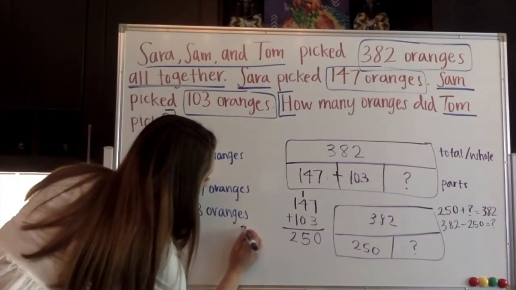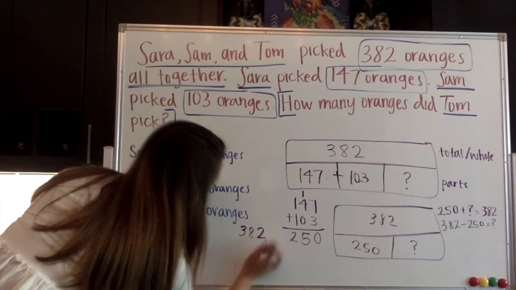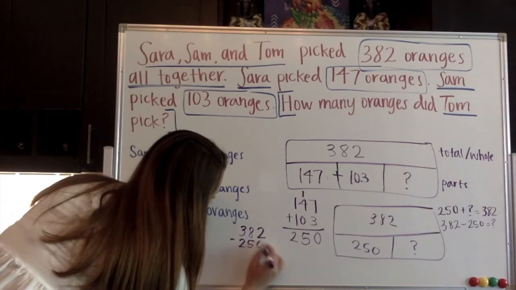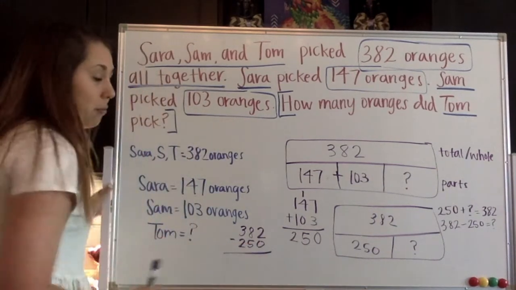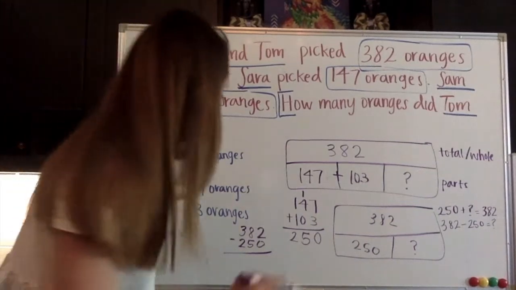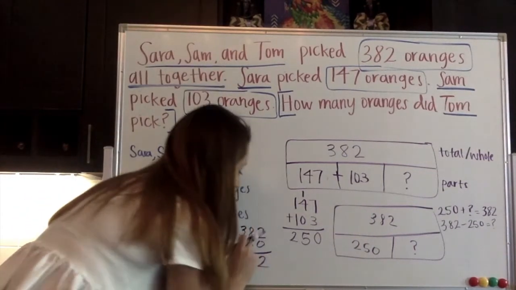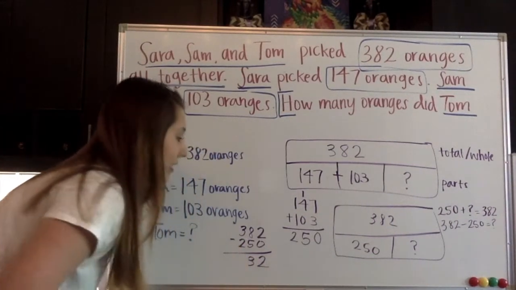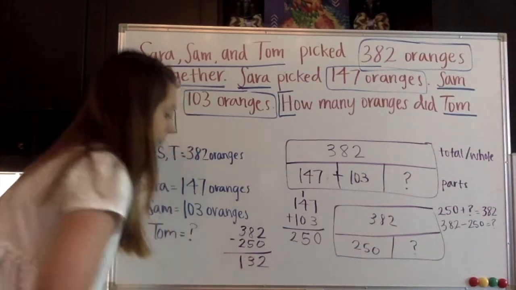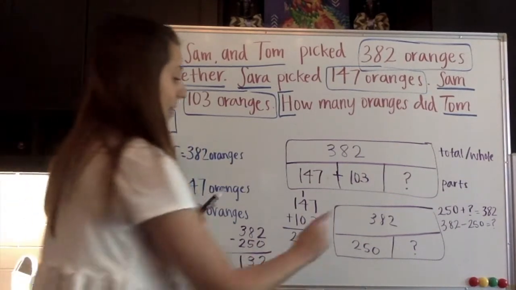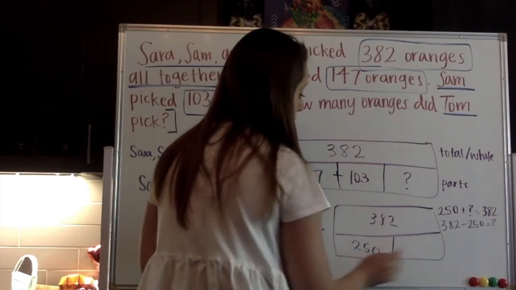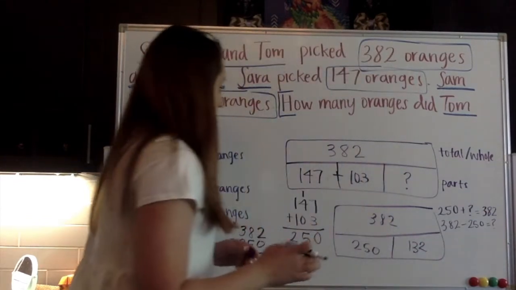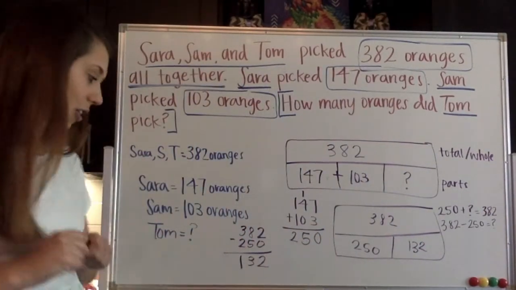And remember, when we subtract, the bigger number always has to go on top. So 382 minus 250. 2 minus 0 equals 2. 8 minus 5 equals 3. And 3 minus 2 equals 1. So that tells me that this box, for how many oranges Tom picked, would be 132. But it's always important to double check our answers.